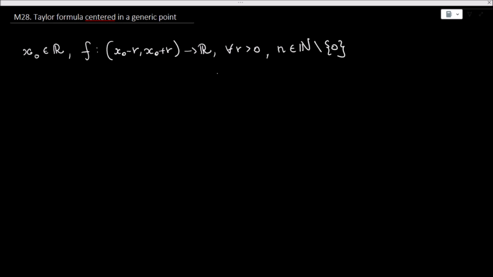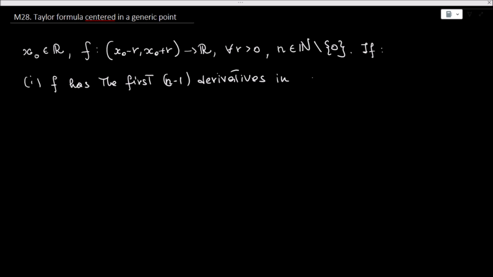So if the following two conditions are verified. First condition: f has the first n minus 1 derivatives in the interval x0 minus r, x0 plus r.